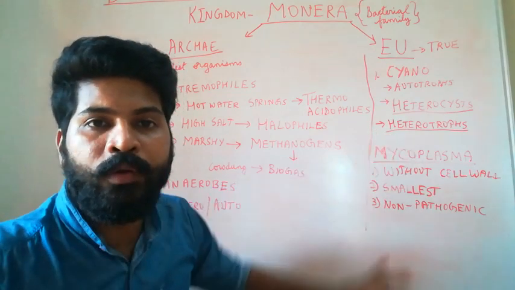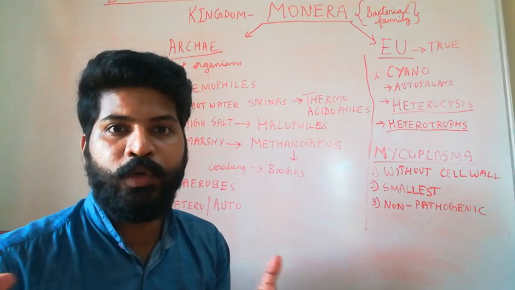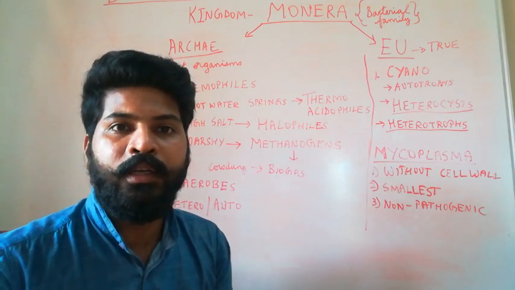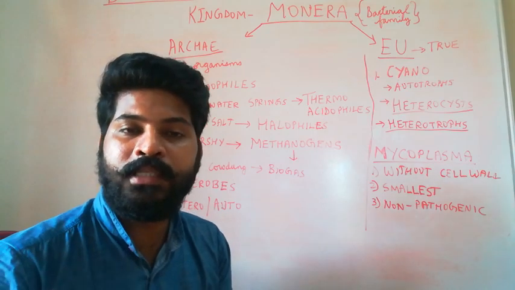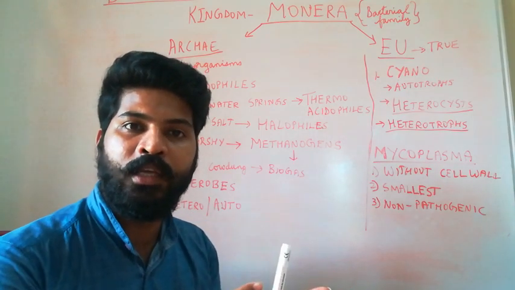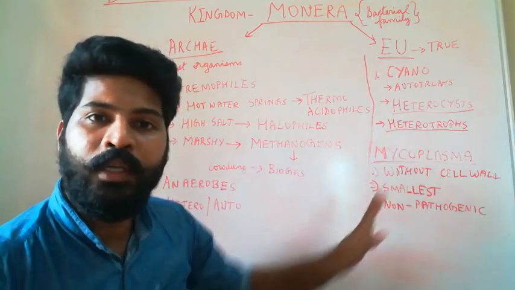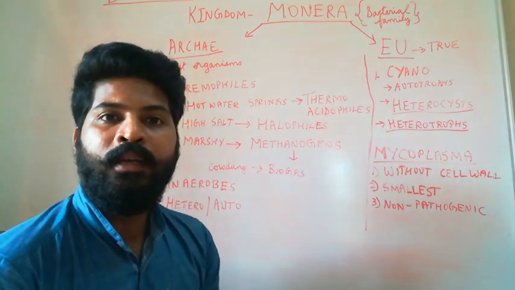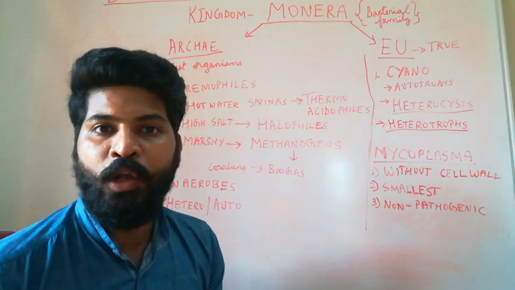They break down the dead plants and animals into small organic matter. So they help in nutrient cycling. The nutrients present in the dead plants and animals can once again be taken back into the soil so that plants can use these nutrients.